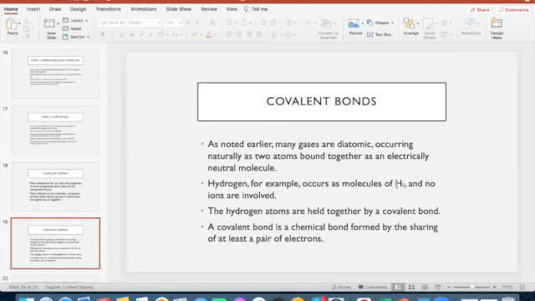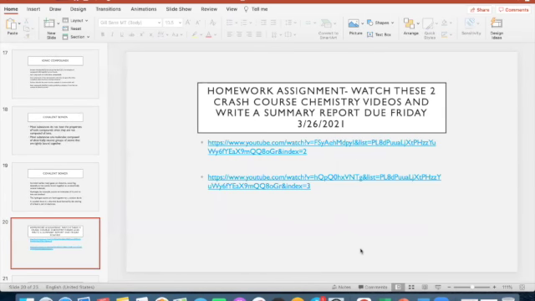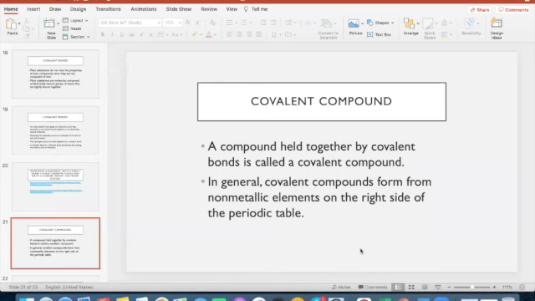Hydrogen usually comes 2 atoms at a time. Oxygen comes 2 atoms at a time. Again, they're held together by covalent bonds. The covalent bond is the chemical bond formed from sharing at least a pair of electrons. That was your old homework assignment.